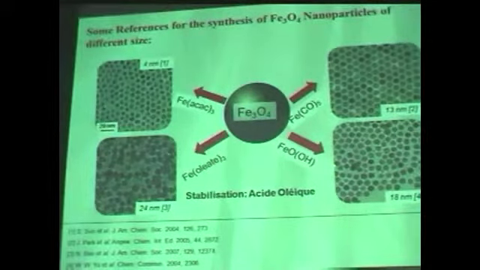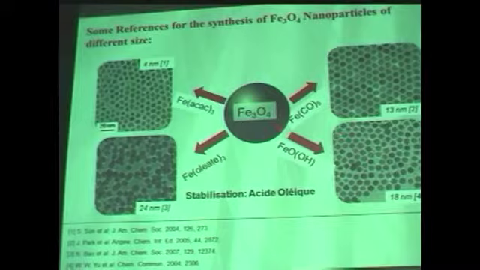In addition to the previously cited works, I can add the synthesis of 4 nanometer nanoparticles from iron acetylacetonate with oleic acid as stabilizing agent. If we want to increase the size, we should change the precursor.